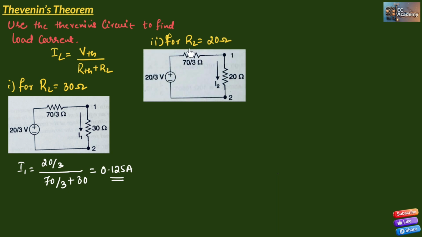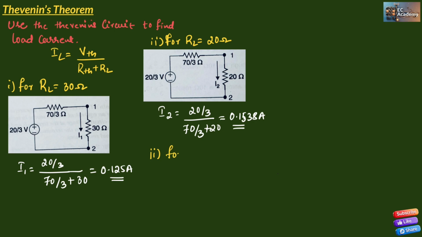Now let us find the load current for load resistance equal to 20 ohm. For this Thevenin's equivalent circuit, we have connected a load of 20 ohm. We need to find load current I2. Load current I2 can be calculated by taking 20 by 3 divided by 70 by 3 plus 20. If we simplify this, we'll get I2 equal to 0.1538 amperes.